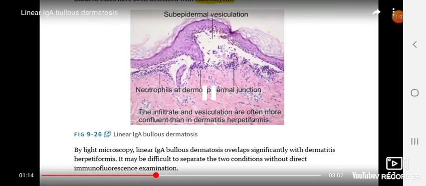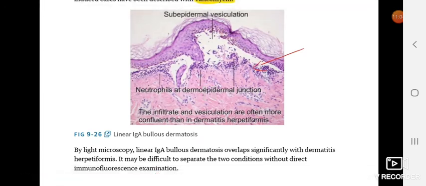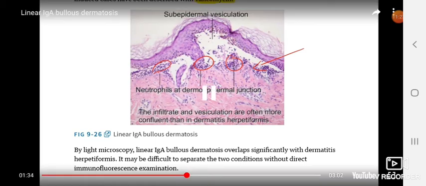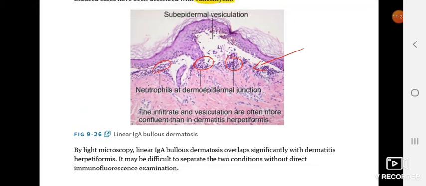So we see here it is subepidermal vesiculation, and we see collection of neutrophils. This is a low power collection of the neutrophils, and sometimes some peripheral lymphocytes in the subepidermis and eosinophils. And when we do direct immunofluorescence, we'll be showing the linear deposition of IgA.